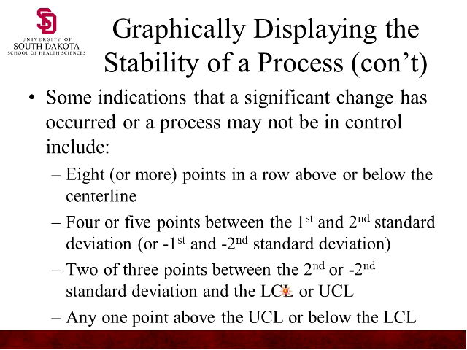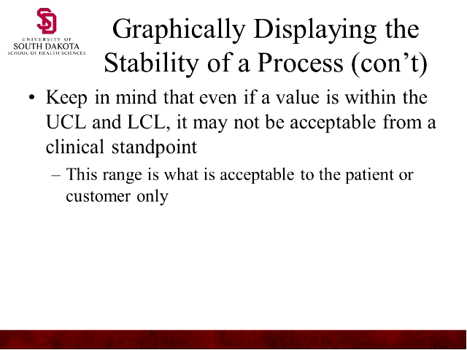And this is kind of more difficult to understand, but if it's up there, that would mean it's out of control, we made a change. Any 1 point above the UCL or below the LCL would tell us the same information, that we either made a change or we're out of control.